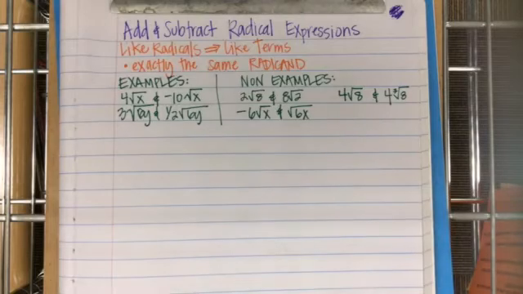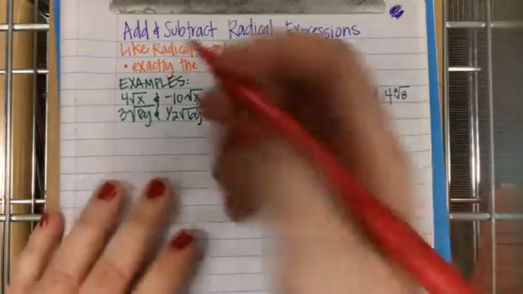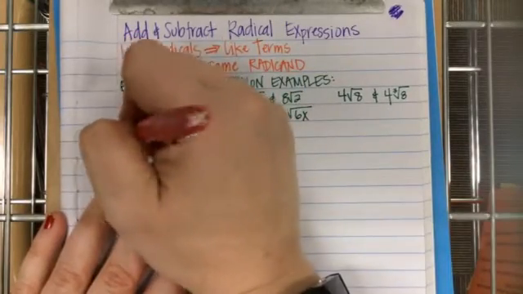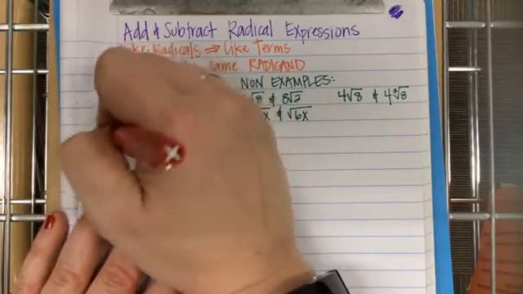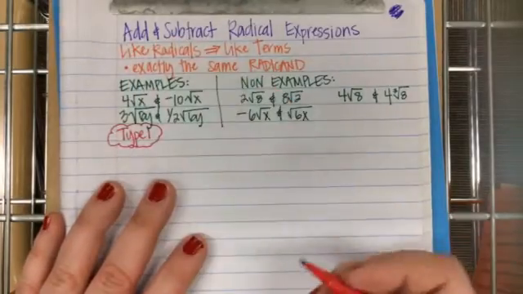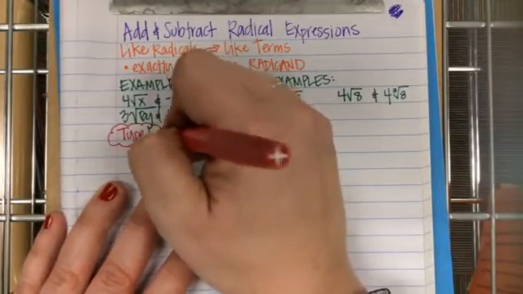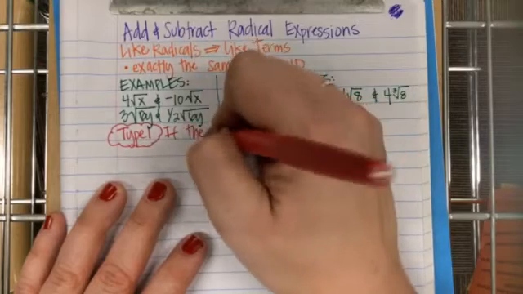So if you can embrace this idea of like radicals, like terms, there are 2 types of problems. Type 1 is the easiest.